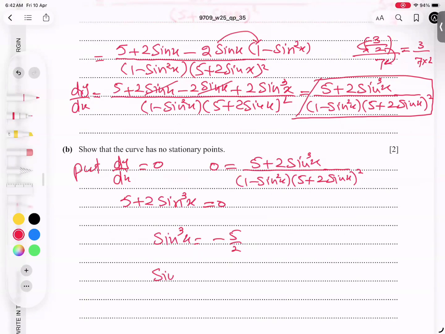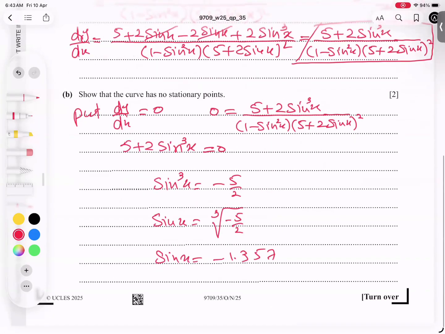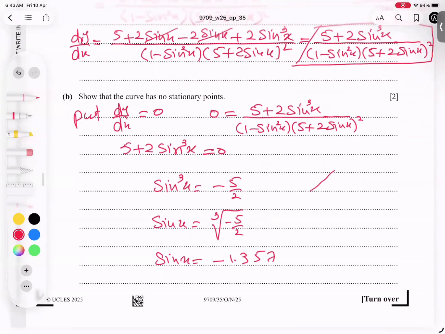And when I take the cube root of this, so this I will check it. What is the cube root of negative 5 over 2? It turns out to be negative 1.357, which is not possible. Reason: the highest value of sine and cos is +1, and the lowest value is -1.